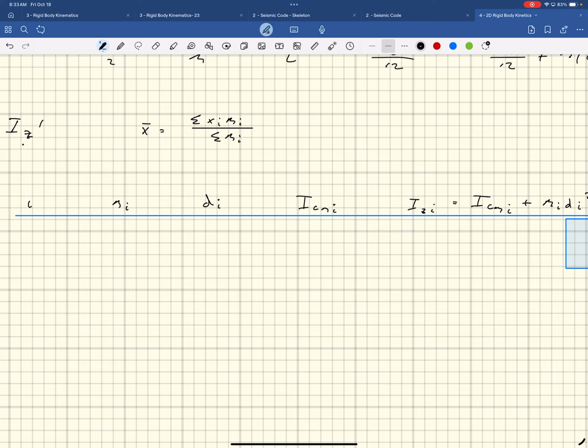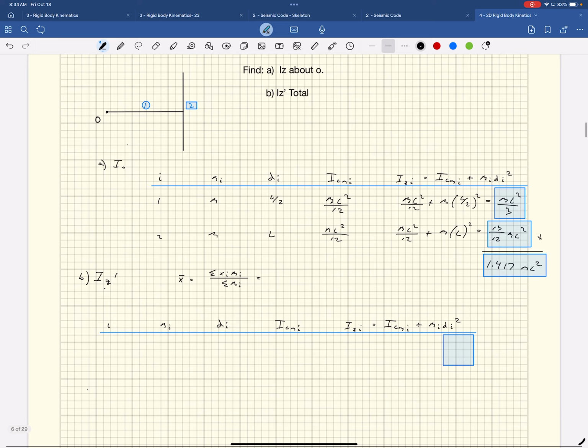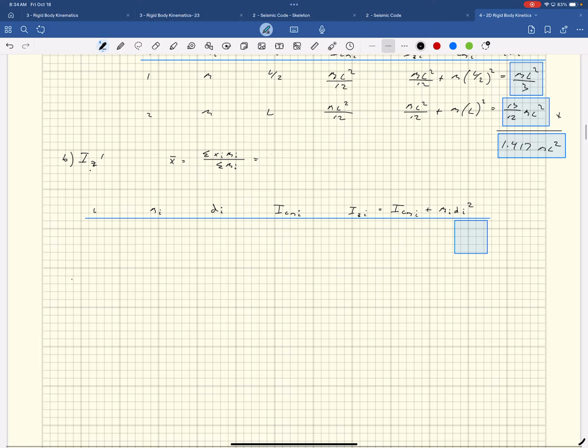What this would look like in this particular problem is, for the first object, object 1, the distance between its center of mass and the reference point. Usually you start with a reference point. I'm going to use the reference point right here on the left, and we go that direction. The distance between that reference point and its center of mass is just L over 2, times M. Now we go to the other object.